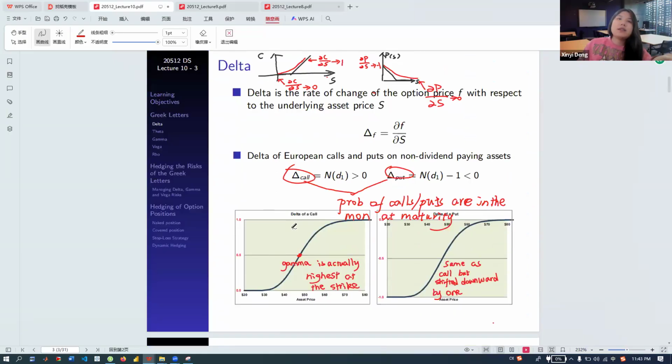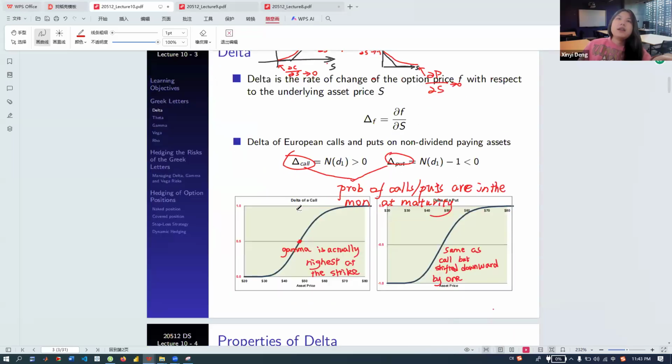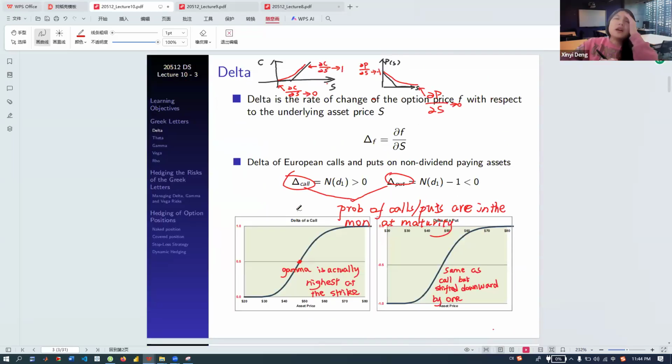So that's a discussion on delta. For the above two figures, I'm drawing the total value and intrinsic value of calls and of puts, right?